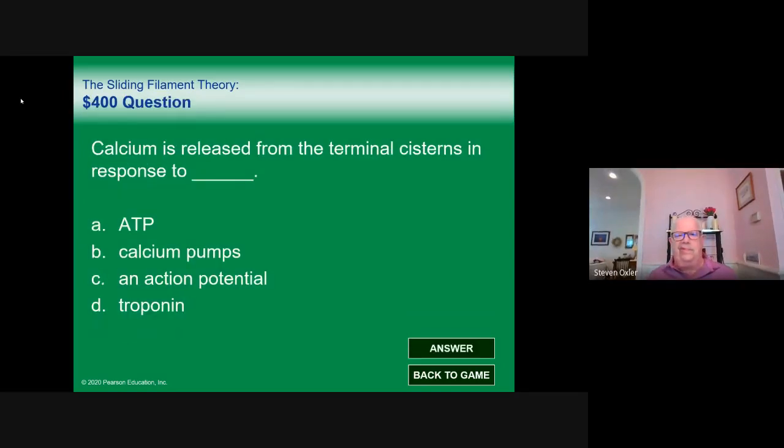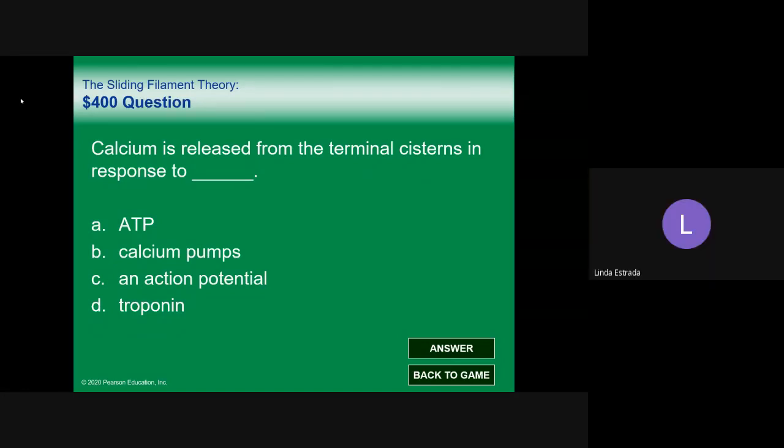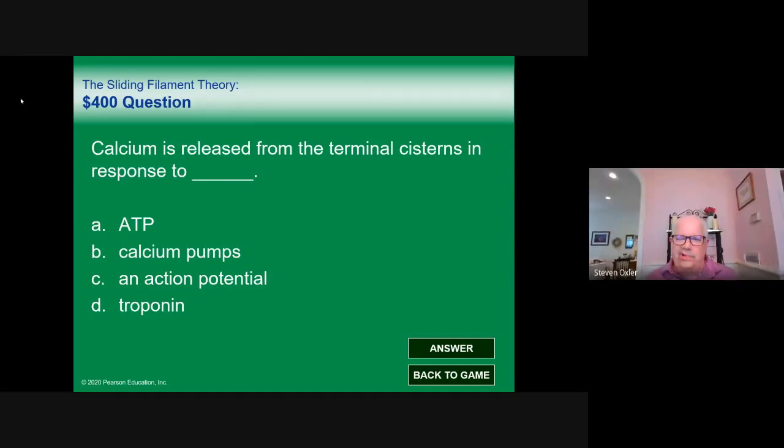Calcium is released from the terminal cisterns in response to what? What makes calcium come out of the sarcoplasmic reticulum? ATP or action potential? One of the two. One of those two answers is correct.